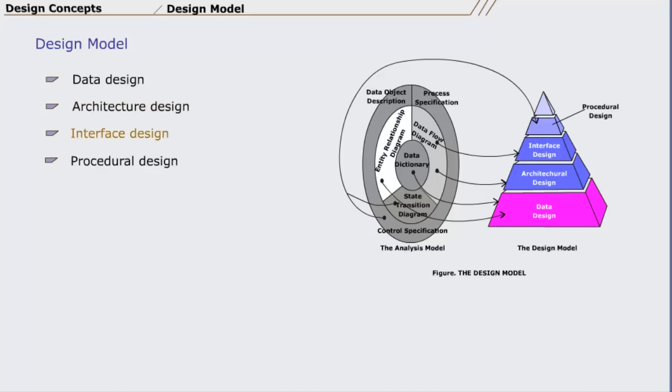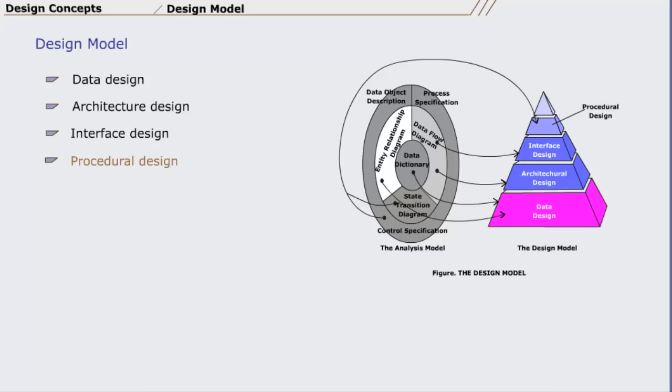The interface design describes how the software communicates within itself, with systems that interoperate with it, and with users. An interface implies flow of information, data, and control. Therefore, the data and control flow diagrams provide the information required for interface design.